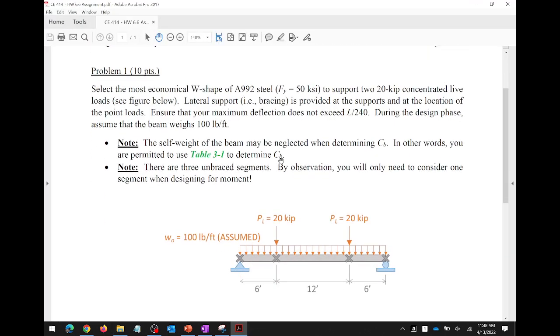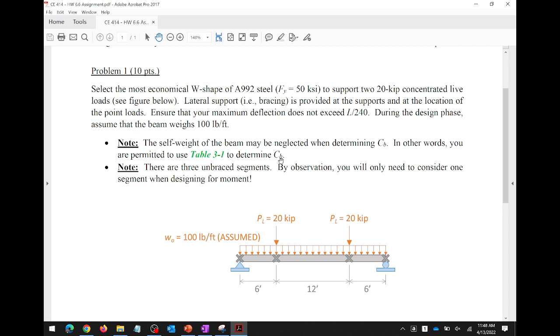So here's the beam that you're looking at, and I want this to make sense. I've structured this problem in a certain way, so I want everybody to pay attention. First off, this first note is really important, because what it's saying is that the self-weight of the beam may be neglected when determining CB.